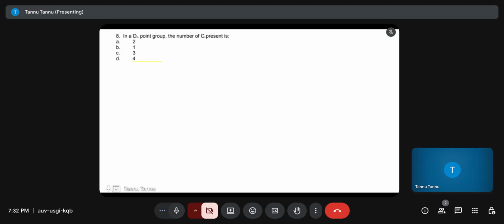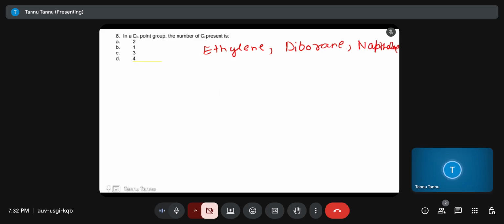So for this, if you take a good example of D2h point group, for example, ethylene, diborane, or naphthalene.